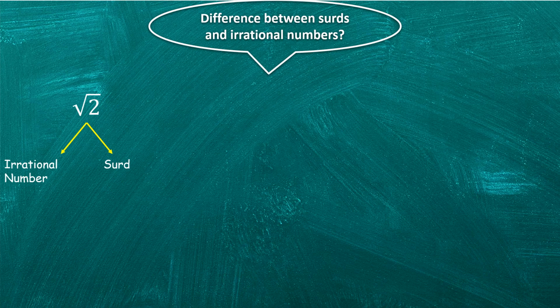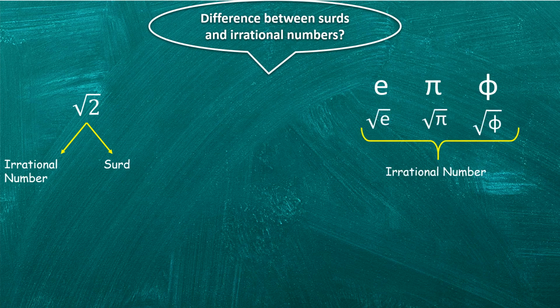Once again we'll recall the previous video. There are also some special examples of irrational numbers like Euler's number, pi and phi. If you take the square root of all these irrational numbers, the answer you will get is also an irrational number.